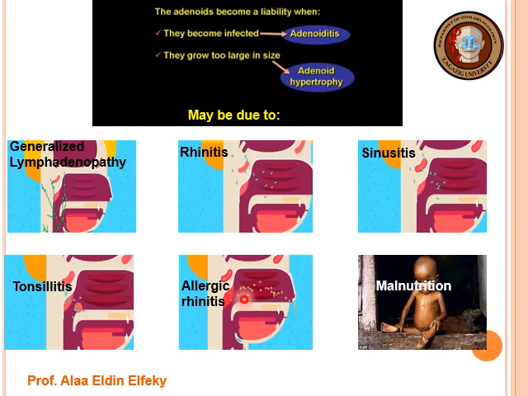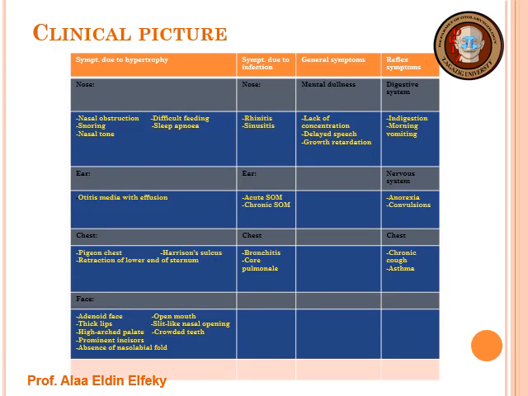Also, allergic rhinitis usually increases the size of the nasopharyngeal tonsils. Finally, malnutrition. Malnutrition usually predisposes to all types of infections, and it is a very important factor in causing adenoiditis. Now, what is the clinical picture?